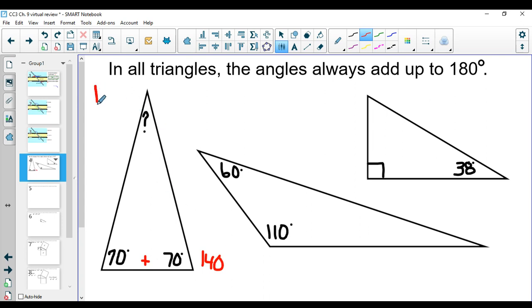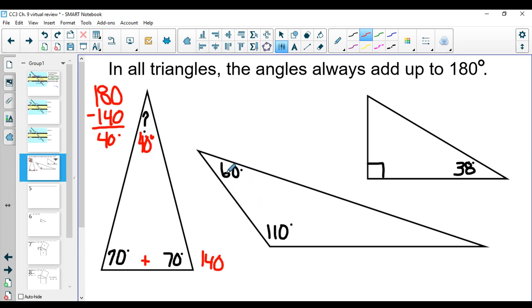I have 180 degrees altogether. So if you subtract the angles that have already been used, we're left with 40 degrees for our last angle. And that works for all triangles.